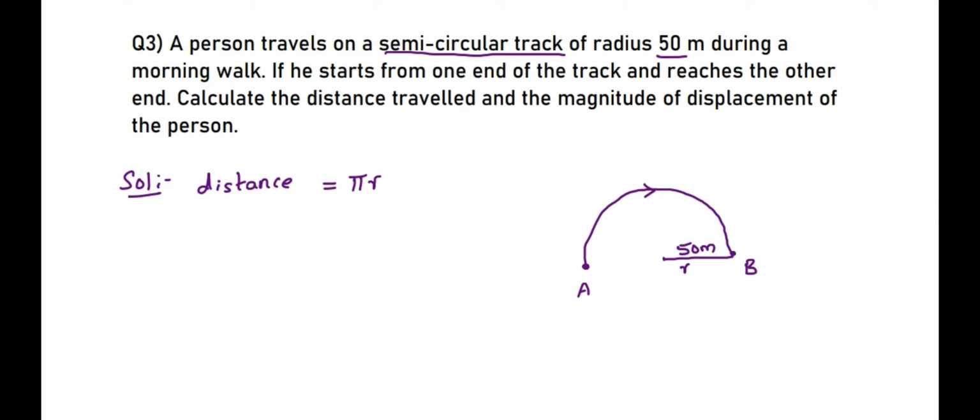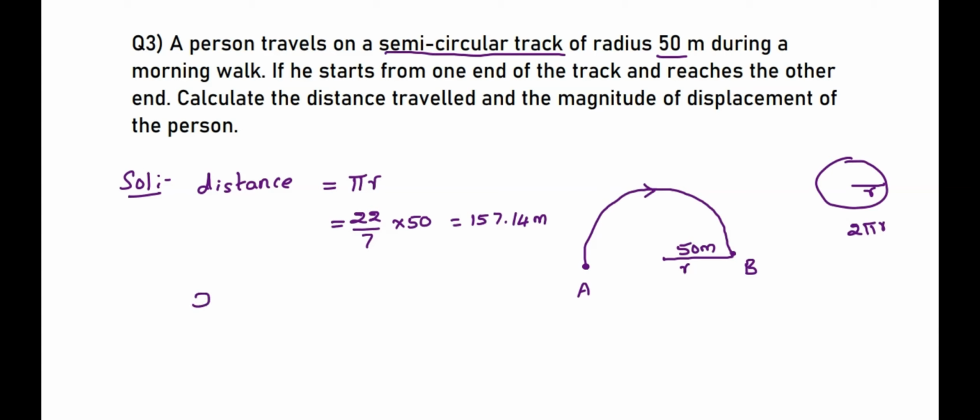If it is a complete circle of radius r, the circumference will be 2 pi r. But here only a semicircular track, that means half of that, so pi r. That is 22 by 7 pi value, otherwise you can write 3.14, and radius is 50, that is equal to, if you multiply, 157.14 meters.